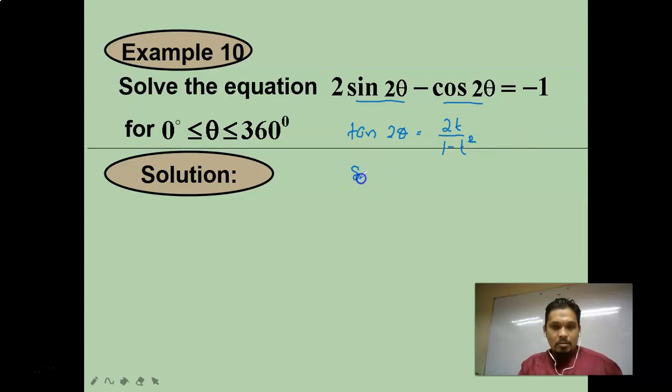Sine 2 theta equals 2t divided by 1 plus t squared, and cos 2 theta equals 1 minus t squared divided by 1 plus t squared.